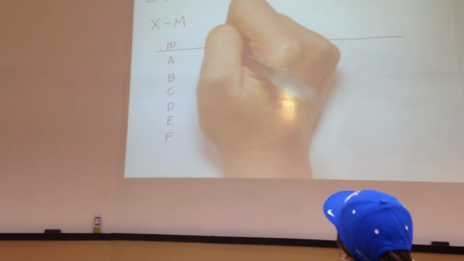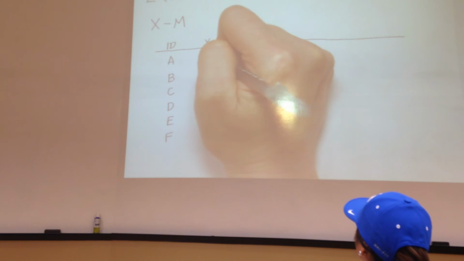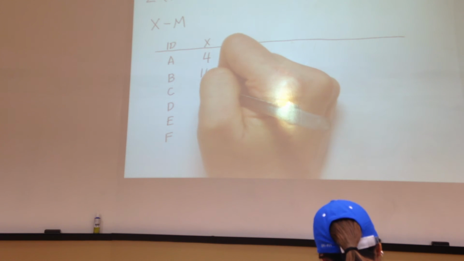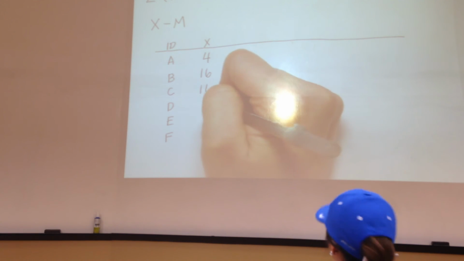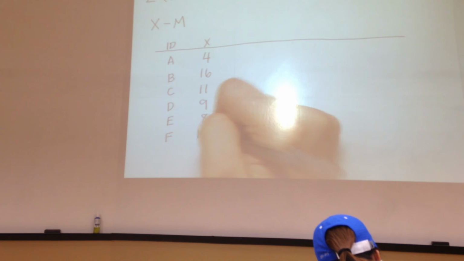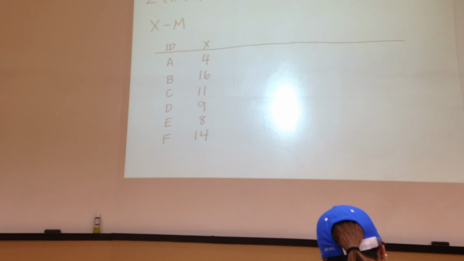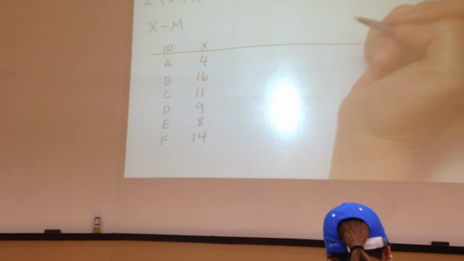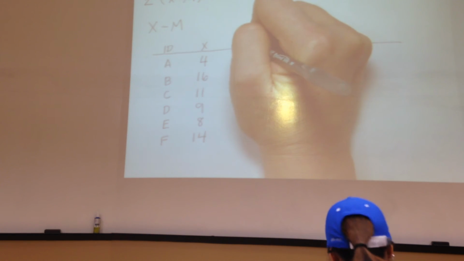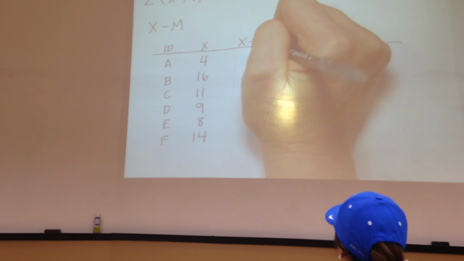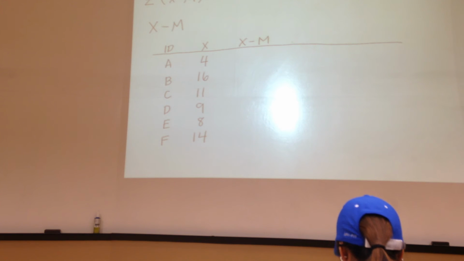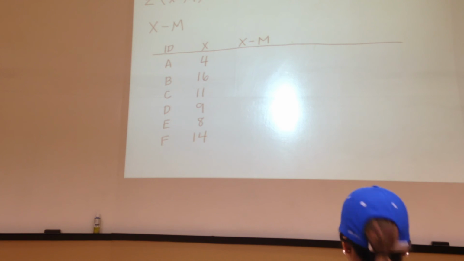And we know that Anne read for 4 minutes, Boris read for 16 minutes, Clyde read for 11 minutes, Dana read for 9 minutes, Eric read for 8 minutes, and Fiona read for 14 minutes. So we know that's how long each of them read. We figured out that the mean for this group was 10.33, right? So we're going to calculate the deviation for each child.